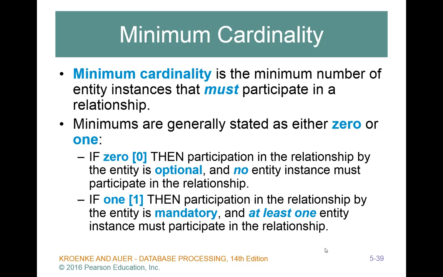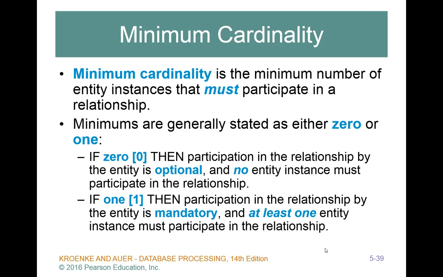Okay. So minimum cardinality is the other one. Again, we talked about maximum and minimum, but minimum cardinality is the number of entity instances that must participate in a relationship. Generally, minimums are stated as either 0 or 1. So if 0, then participation in a relationship is considered optional.